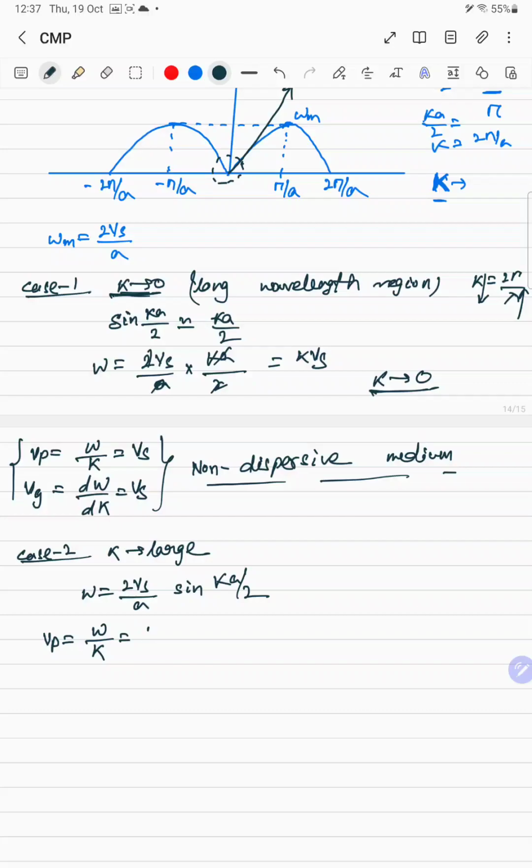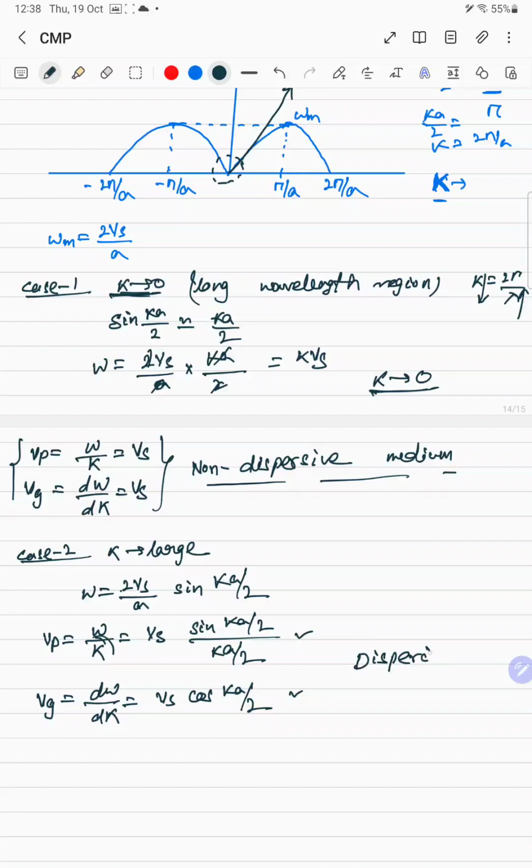So I can write this as Vs into 2 by a, sin k a by 2, divided by k, that is Vs into sin k a by 2 divided by k a by 2. That will be the phase velocity. And the group velocity Vg, d omega by dk, will be simply Vs into cos k a by 2. So in this case, phase velocity and group velocity are different, so the medium is now a dispersive medium.